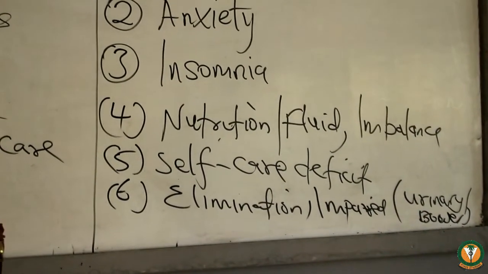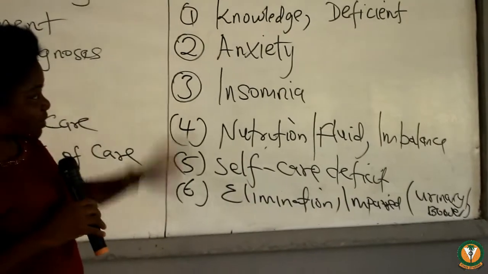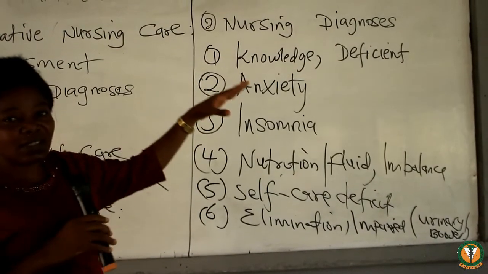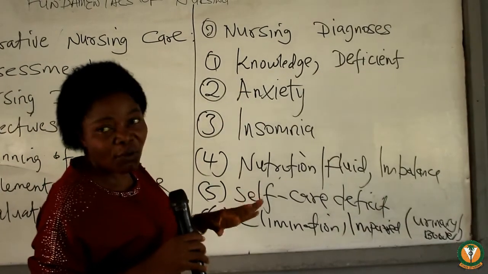These are the six general areas, irrespective of the condition of the patient, in which a diagnosis may be made in a patient that is going for surgery.